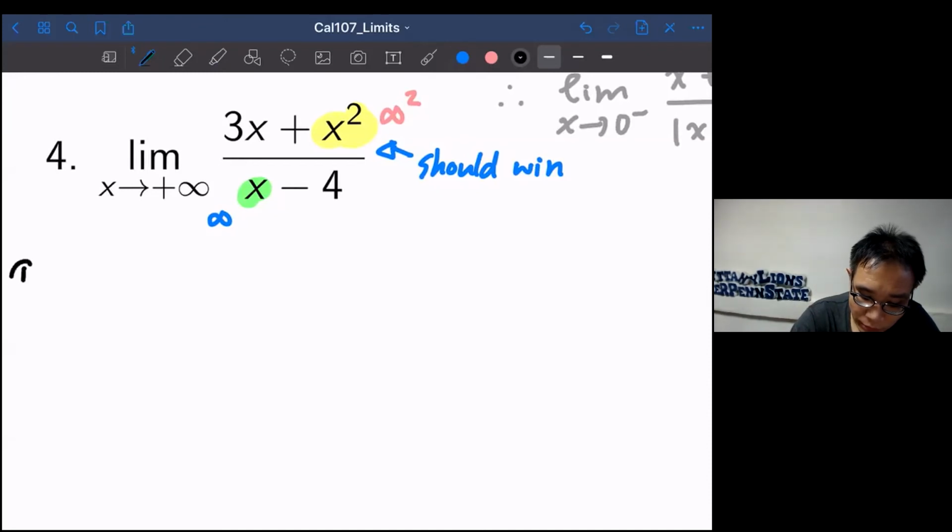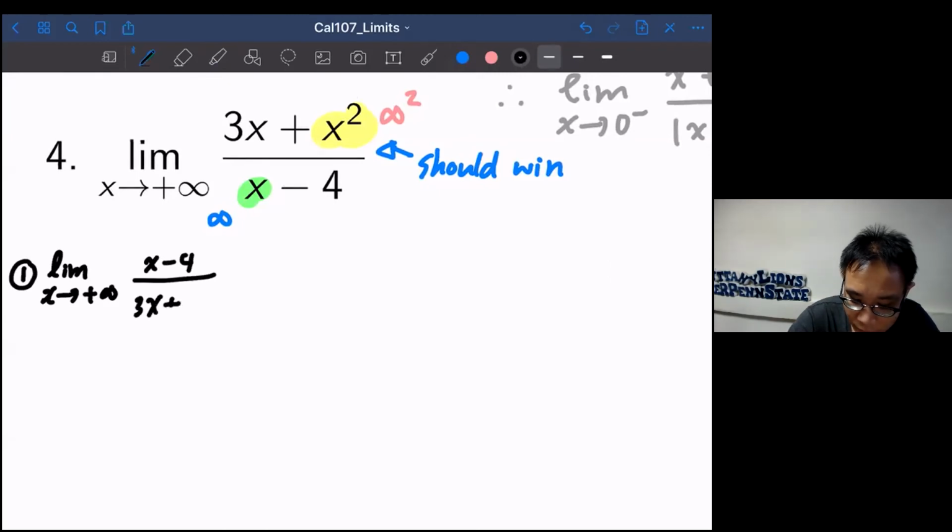So the first one, you're going to find the limit as x goes to infinity of (x minus 4) over (3x plus x squared). You see that we are working on the limit as x goes to positive infinity. So it's not factoring; you're going to have to pull out the highest power.